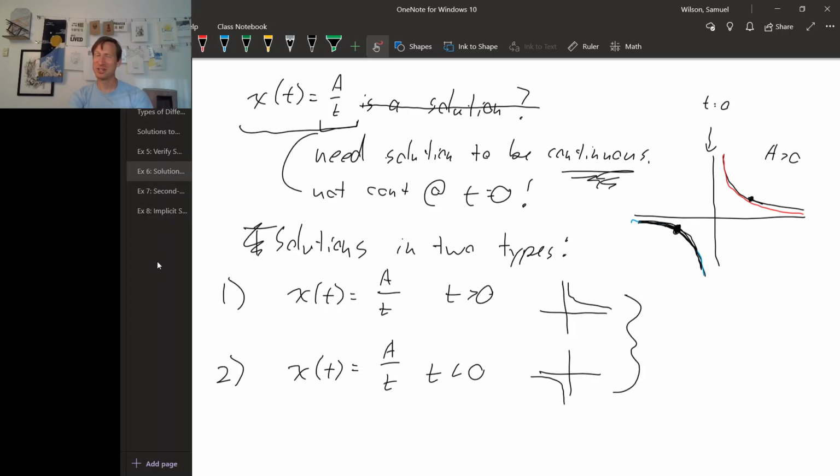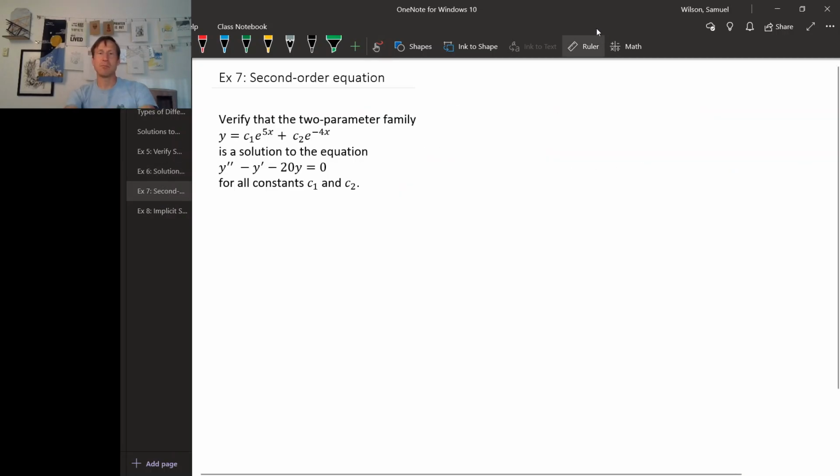All right, so there's one complication that can happen for differential equations. Here's another example of a different kind of differential equation. Let's check that this collection of solutions is a solution to this differential equation. You'll see in this collection of supposed solutions, there are two parameters, c1 and c2.